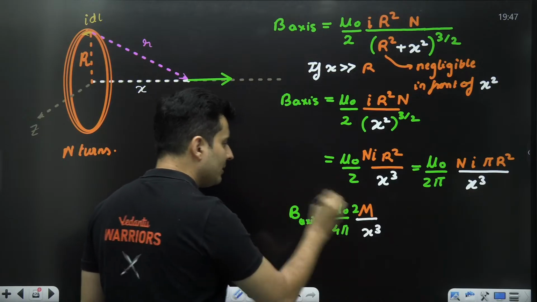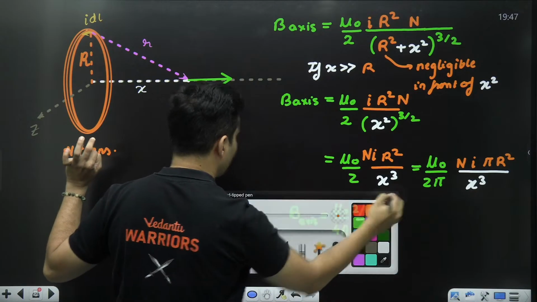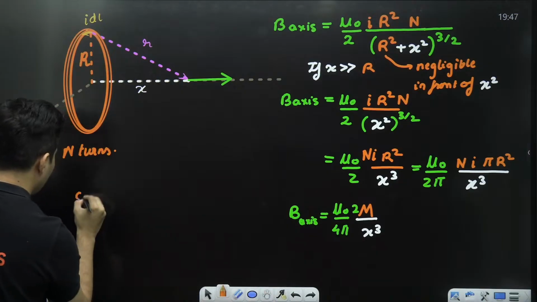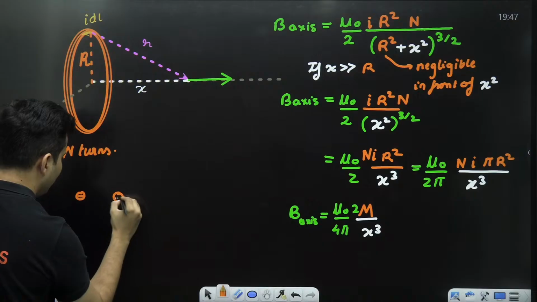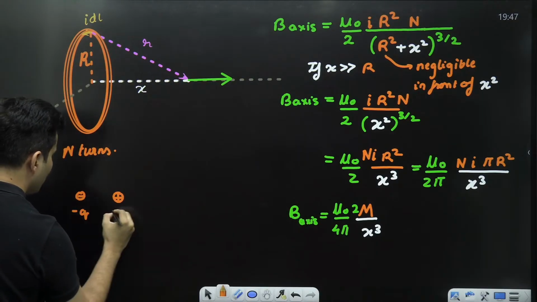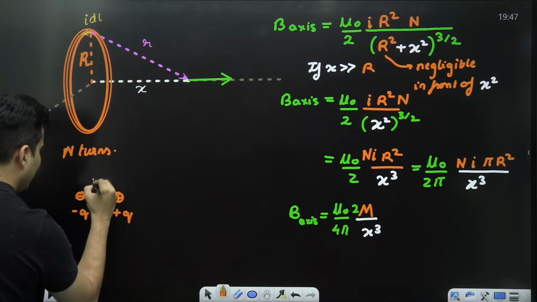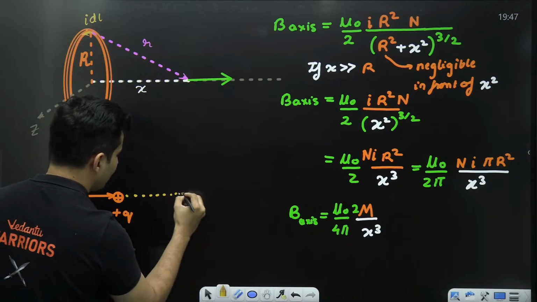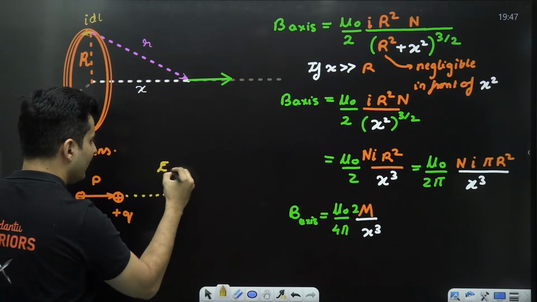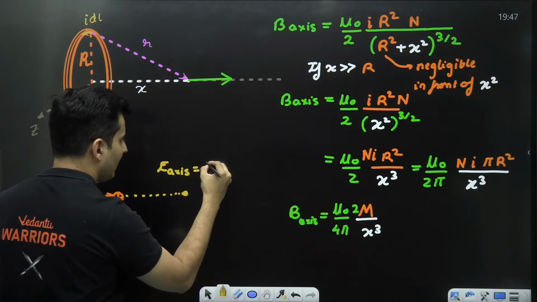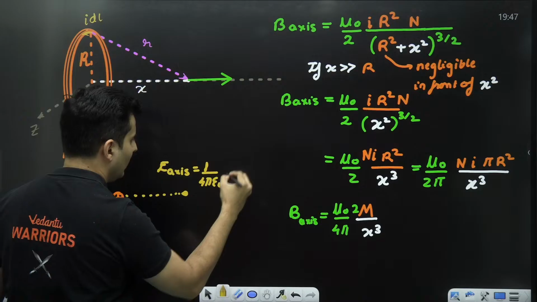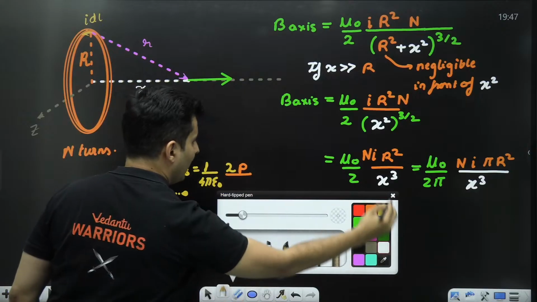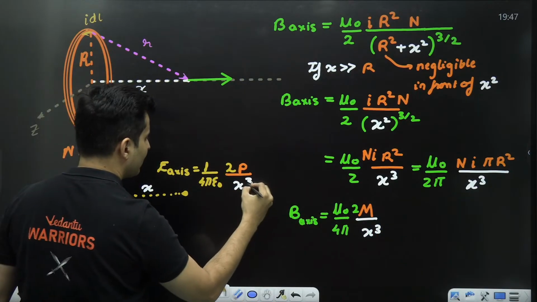This formula looks very similar to, observe this very carefully, if you had a negative charge over here and a positive charge over here, minus q plus q, which will now create an electrical dipole moment, and you go on the axis at some distance which is really far, the electric field on the axis is given by 1 by 4 pi epsilon naught, 2 into electrical dipole moment divided by x cube.